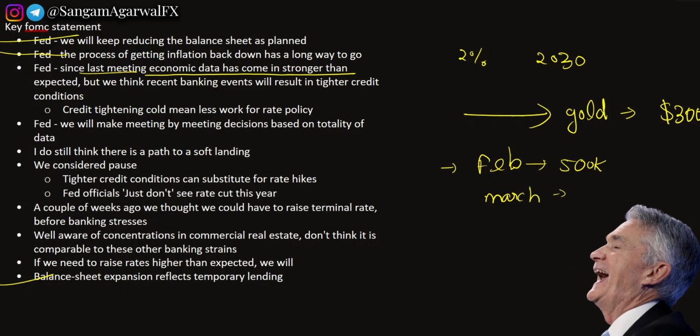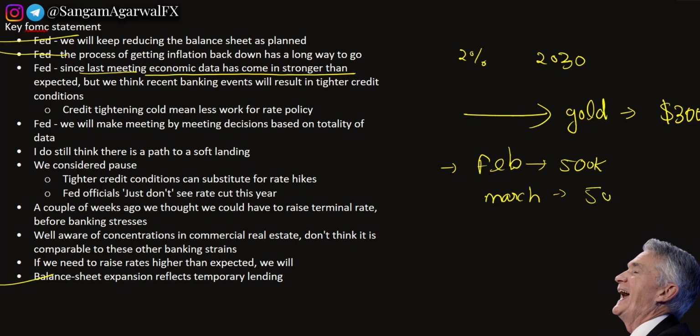And that is why he said that in the March FOMC meeting they could hike up to 50 basis points. But because of the banking crisis, because before the March FOMC meeting there was his speech, and the next day we got bank run news. So basically every time he gives his speech, a few days later another news comes and his decision goes in the opposite direction.